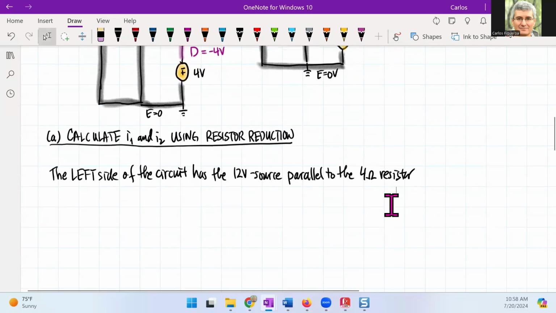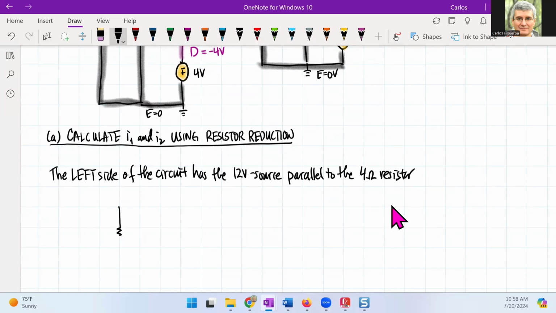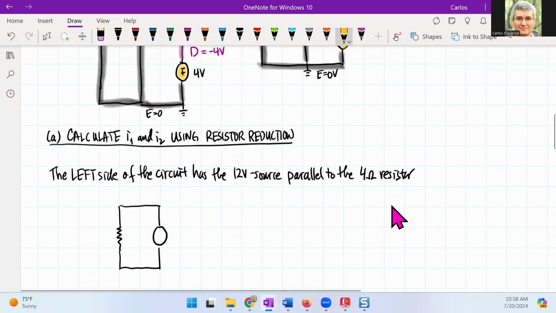So if I draw this out, I'm then going to have something like this. So I know that this is 12 volts. And I know that this is 4 ohms.